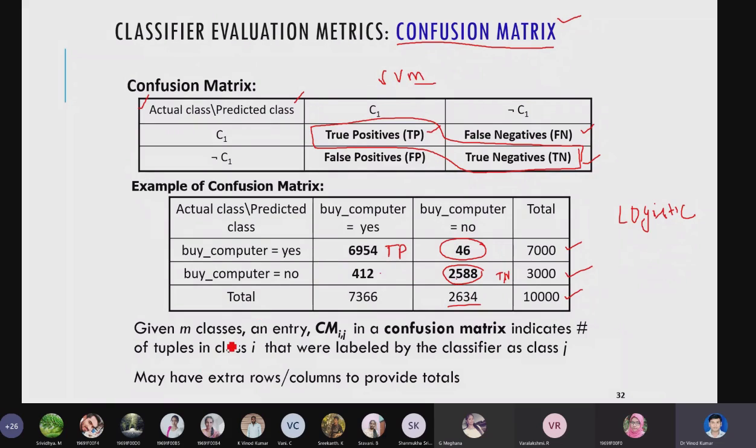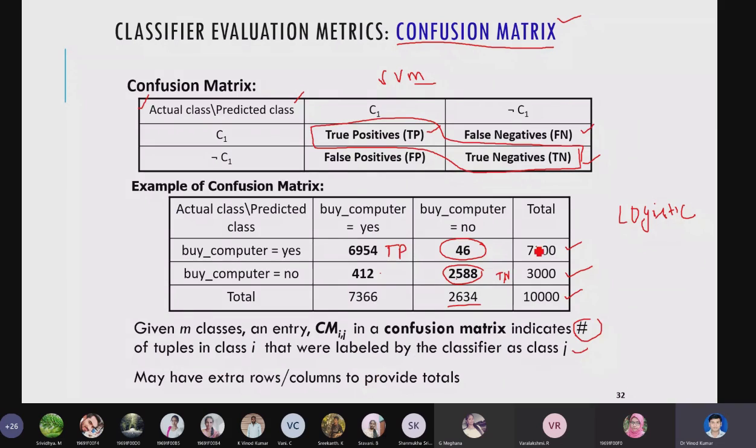Given m classes, an entry CM i,j in a confusion matrix indicates the number of tuples in class i that were labeled by the classifier as class j. It may have extra rows and columns to provide the totals.